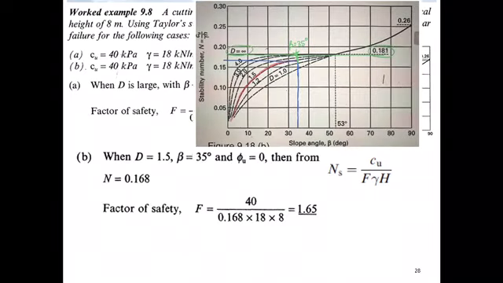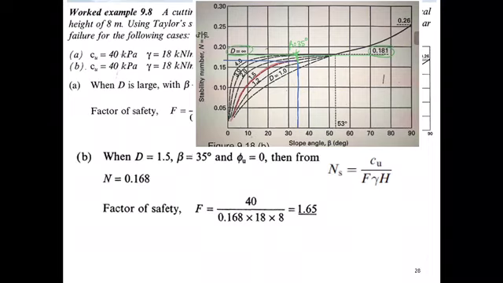beta is equal to 35 degrees, and phi u is equal to 0. Then from this figure, n is 0.168. So how to get n equal to 0.168? We know that D is 1.5. So you can see here D equals 1, D 1.2, this is D 1.5. This curve, D 1.5, and beta is 35 degrees.